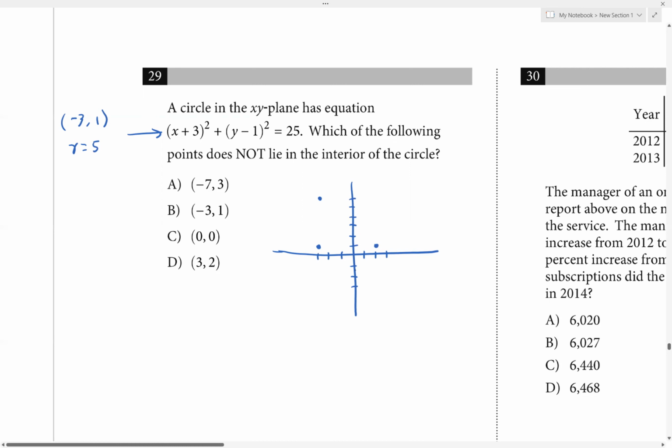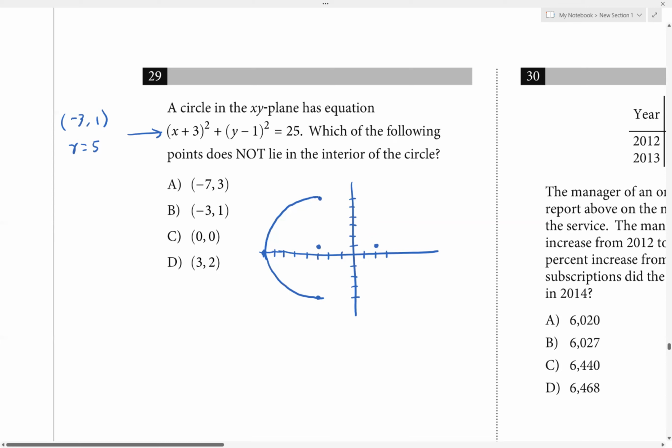And 1, 2, 3, 4, 5, so at −4, another dot. And we go 1, 2, 3, 4, 5, at −8 is another dot. So you connect the dots and draw the circle. This will be a graph of our circle.